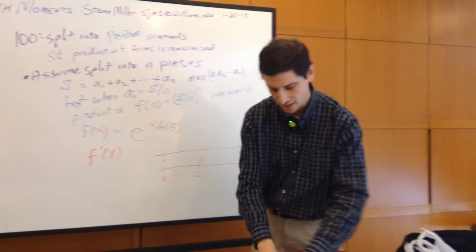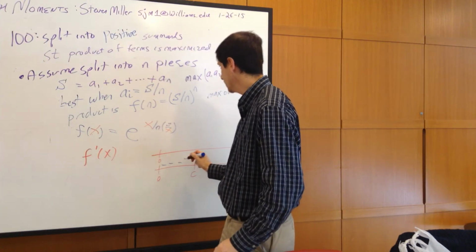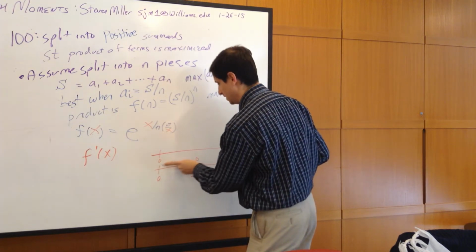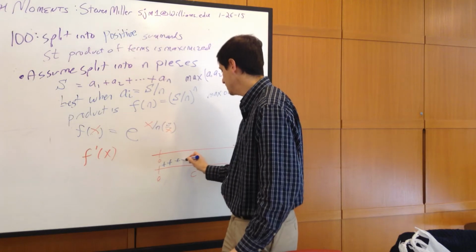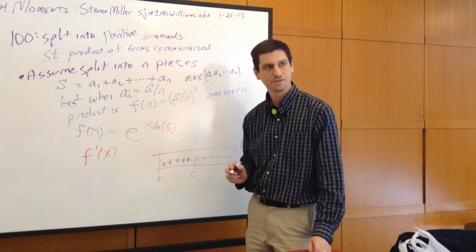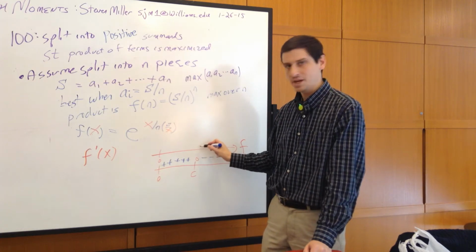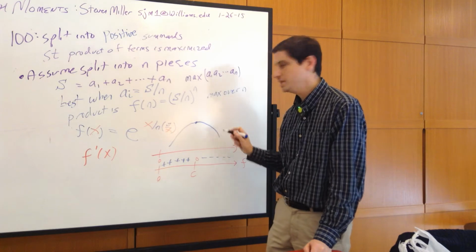I want it to be a maximum. F prime is positive coming up to that critical point, and then negative afterwards. So what does that mean? My function has to go up, reach a maximum here, and then come down.